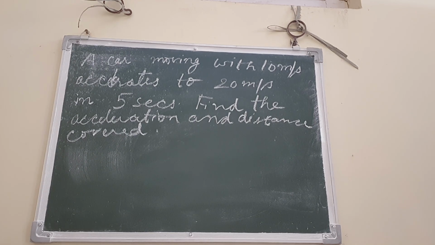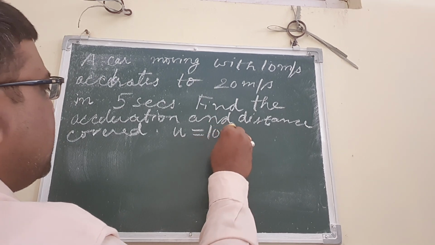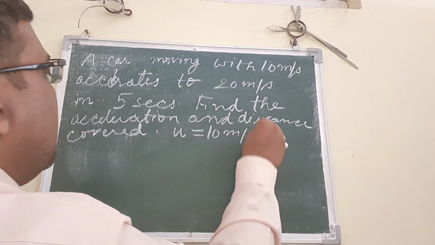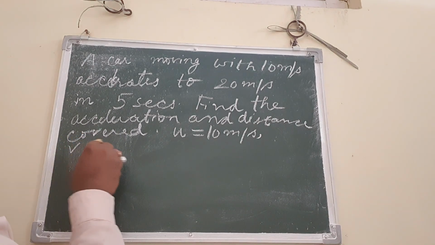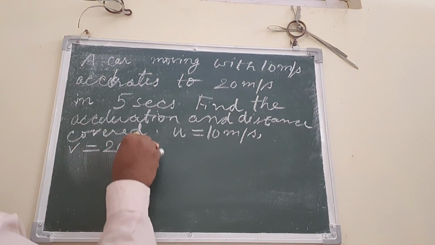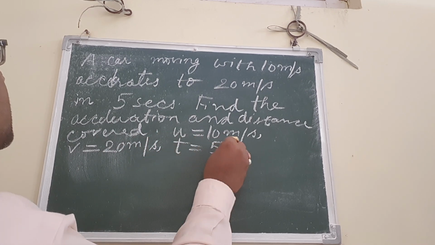We are going to read the question and understand it, and we'll do the question. So a car is moving with 10 meter per second, accelerates to 20 meter per second. So 10 meter per second is the initial velocity, so u is equal to 10 meter per second, and accelerates to 20 meter per second, so v is the final velocity, that is 20 meter per second, in time, that is 5 seconds.